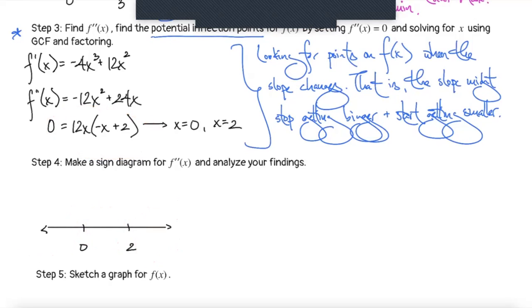So let's take a moment to do some plug and chug. Remember, we're not worried about the answer, but we're worried about the sign of the answer. And let's go ahead and figure out what the second derivative is telling us about those three regions on the graph.